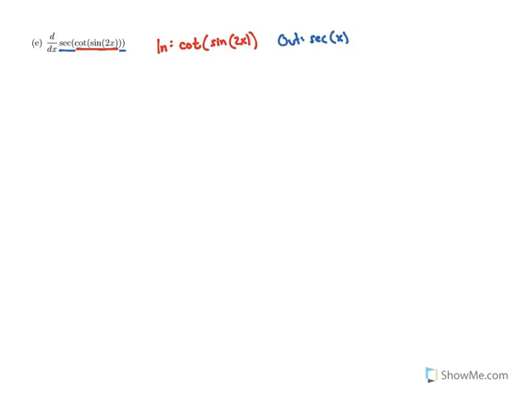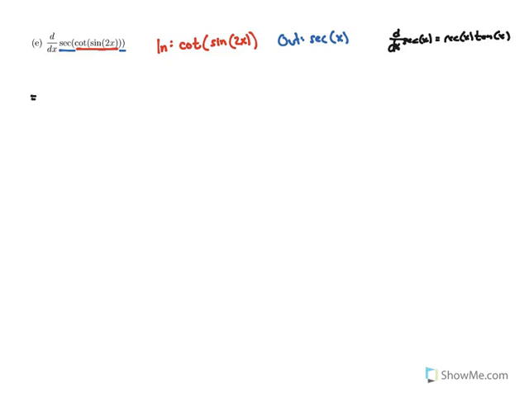So the chain rule says that we are going to take the derivative of secant, which is secant tangent, and we're going to leave the inside function alone. So this is going to look really gross here.